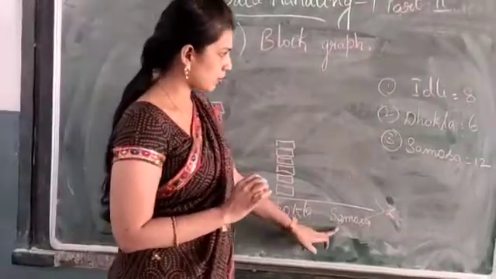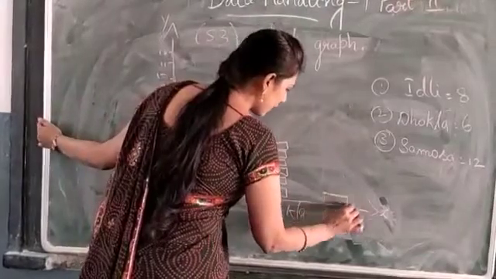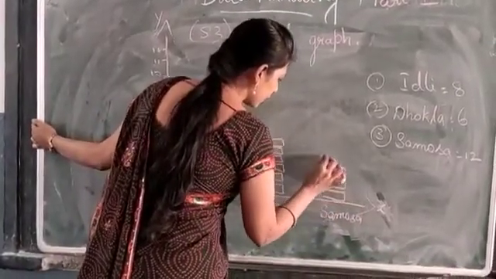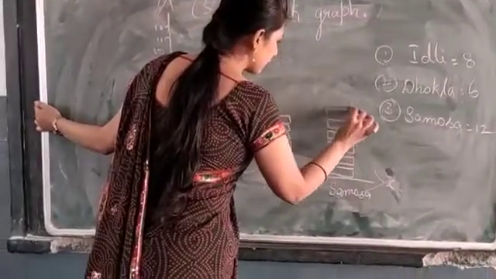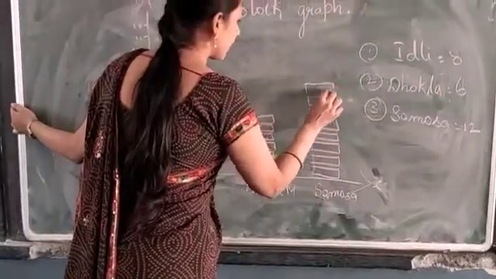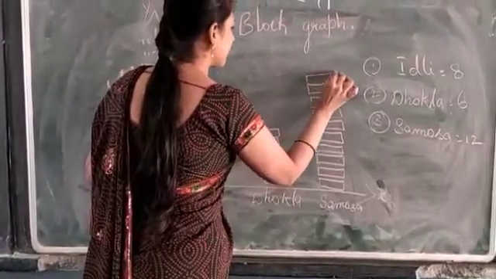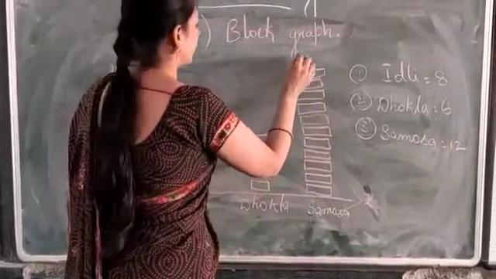And coming to samosa, how many are there? 12. So here you have to draw the 12, children. 1, 2, 3, 4, 5, 6, 7, 8, 9, 10, 11 and 12.